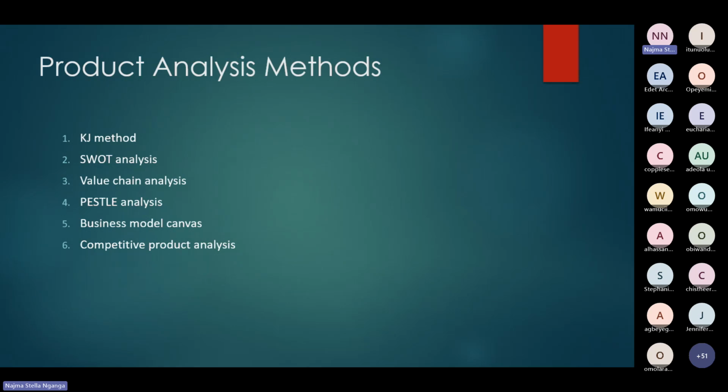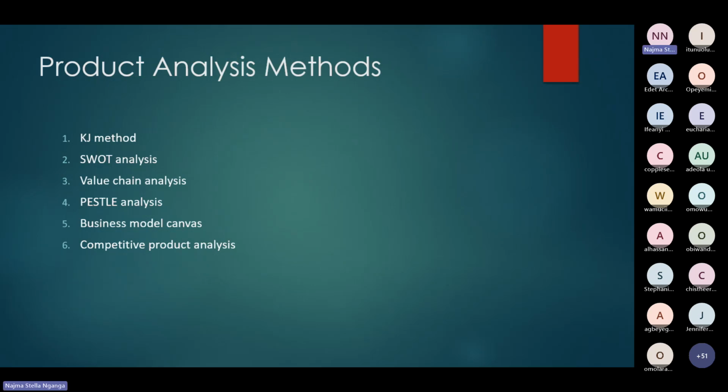For those who don't remember, P is for political, E is for economic, S is for social, T is for technological, L is for legal, and E is for environmental.